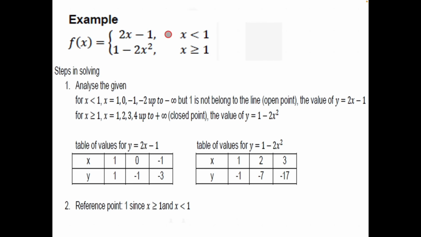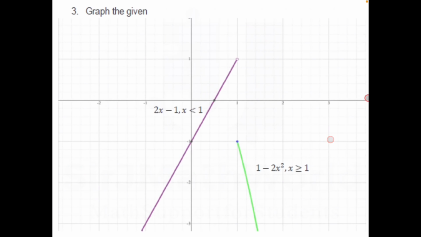So, reference point natin dito is 1 kasi pinag-usapan natin dito is x is less than 1 and x is greater than or equal to 1. That's why the reference point is 1. Now, in graphing, we have here the step number 3. So, we have to graph muna. So, this is the graph of 2x minus 1 as x is less than 1. So, meron tayong kanina dito sa previous table natin.